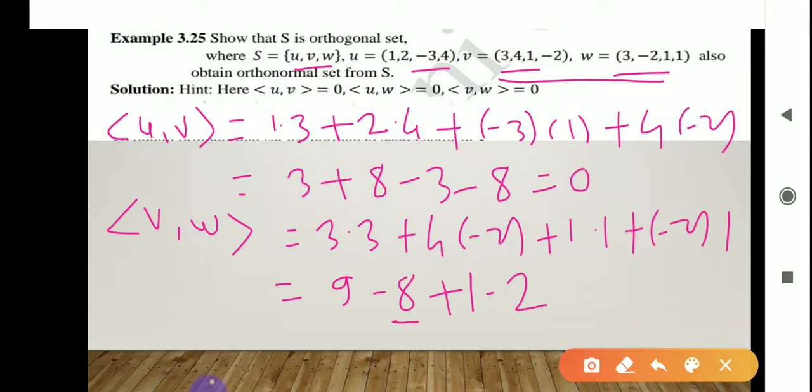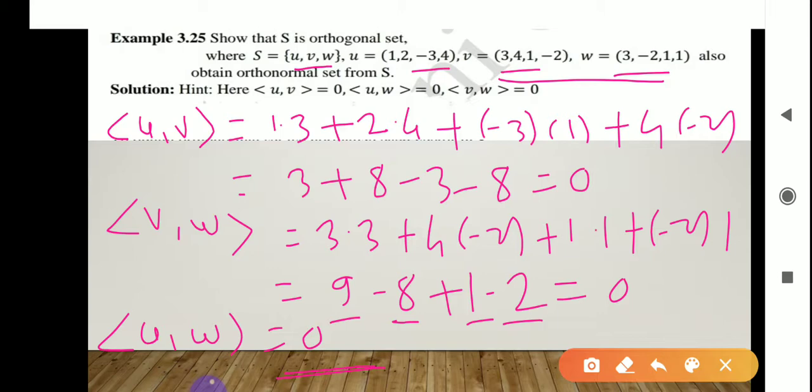Minus 8 minus 2 is minus 10, and 9 plus 1 is plus 10. This is also 0. Similarly, we find the inner product of u and w, which is also 0 here. Therefore we can say that the set S is an orthogonal set.